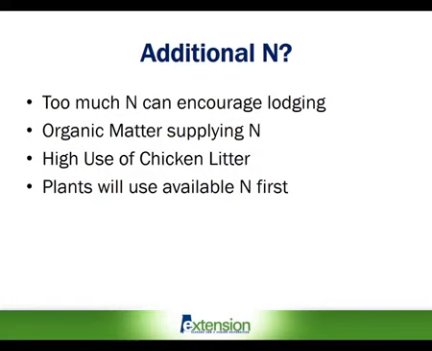Another thing I see is we have high use of chicken litter in North Alabama, and this chicken litter, as it breaks down, is going to give us some nitrogen also. One thing I'll point out is the soybean plant will use nitrogen that's available first before it starts nodulating.